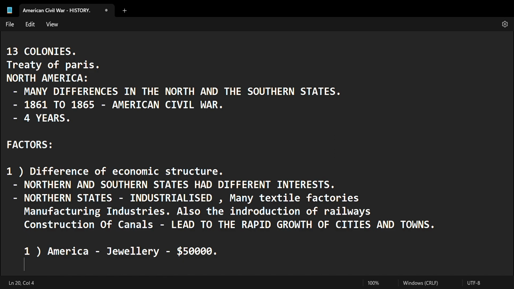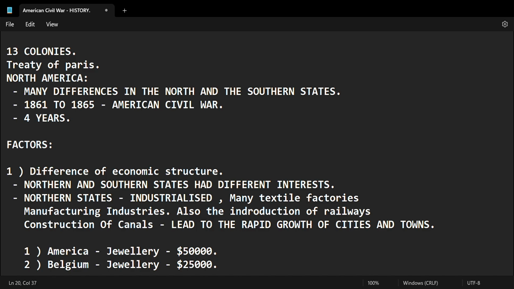And in England or any other country, example, I'll just say a random country, Belgium, this exact same jewelry is being sold in the market for $25,000.